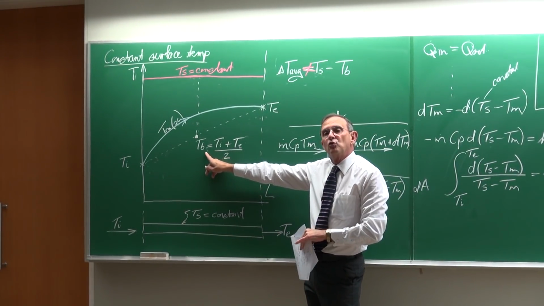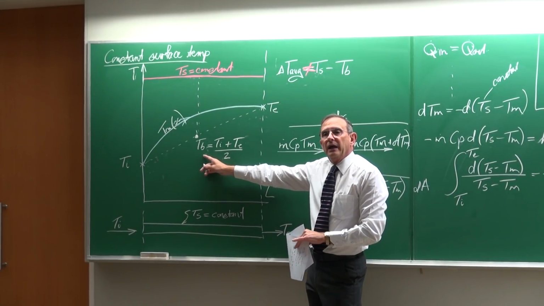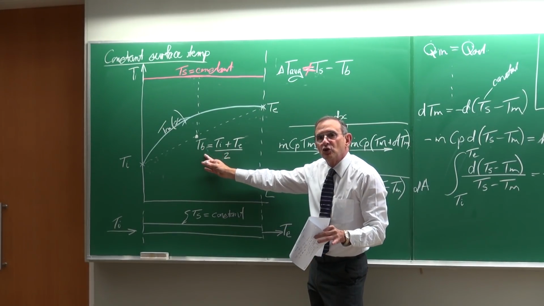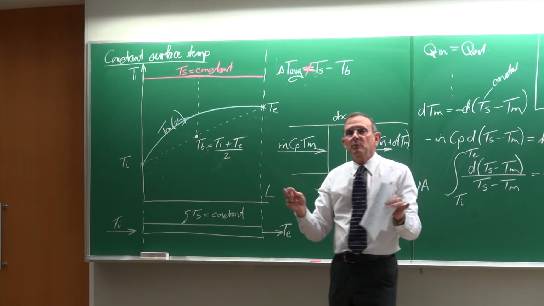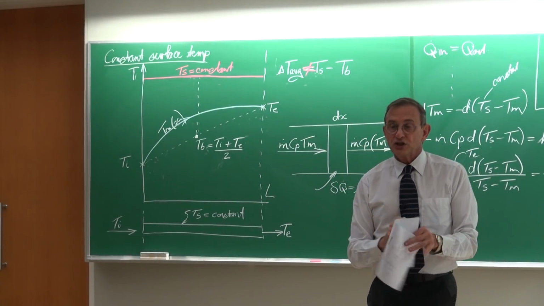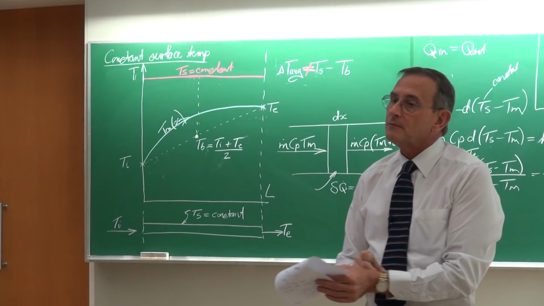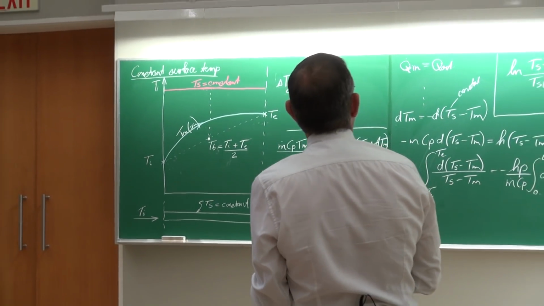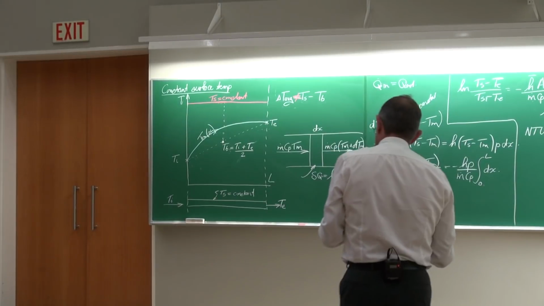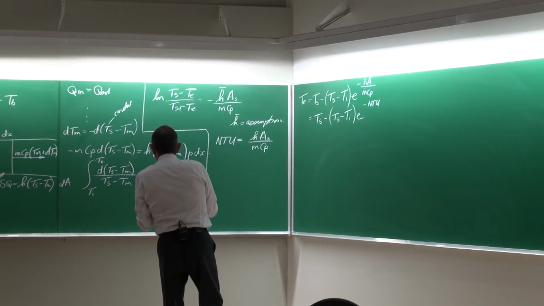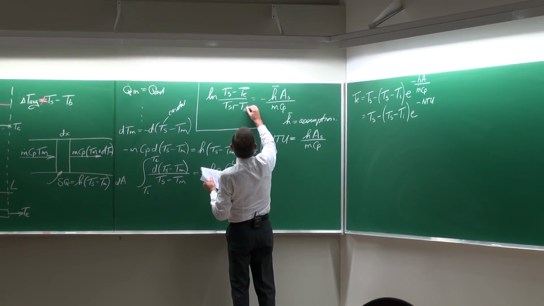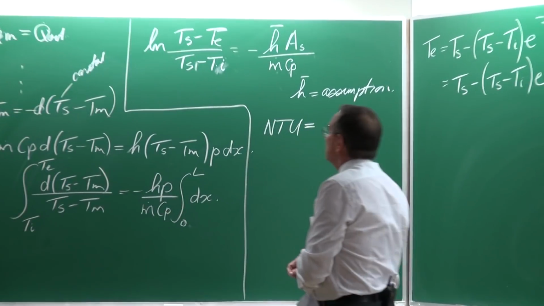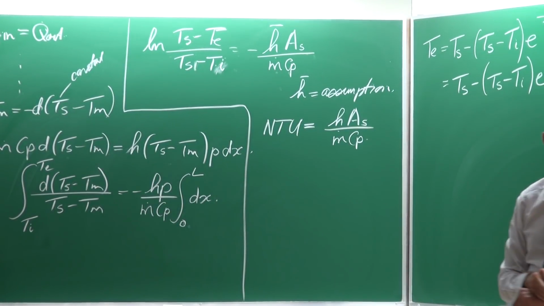And it's the same for the viscosity and the thermal conductivity k. For all of them, we usually use the bulk temperature. Okay. Oh, yeah, I see. Sorry. Here: Ts minus Te divided by Ts minus Ti.